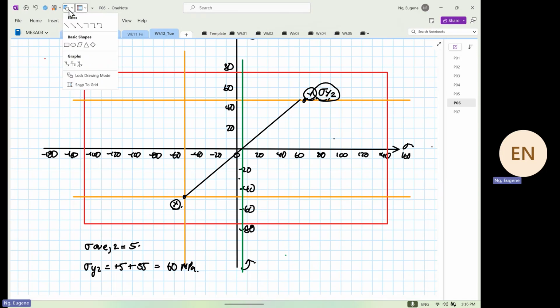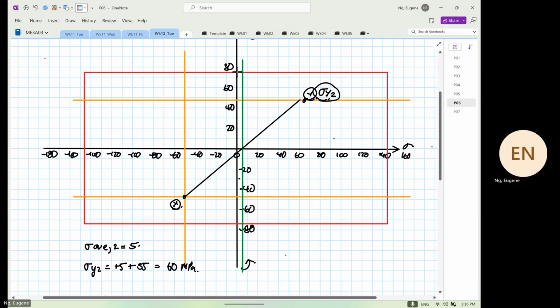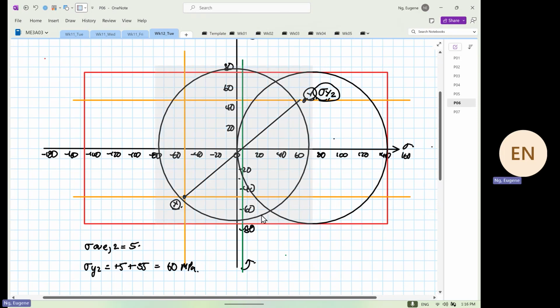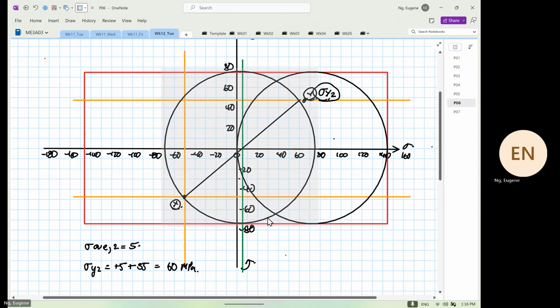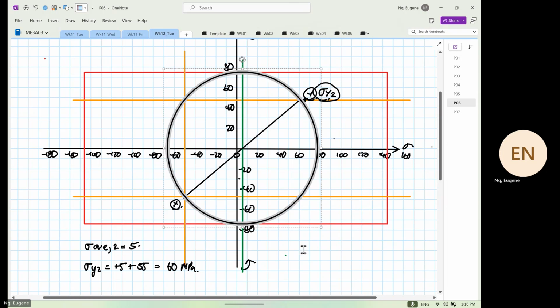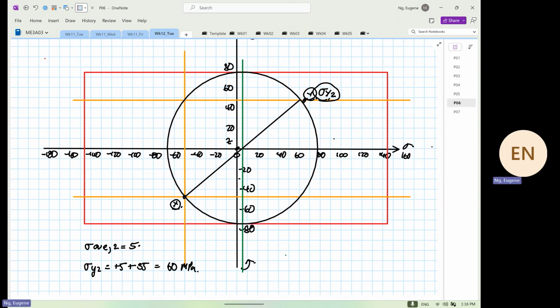Okay, so our first circle now. Okay, so this is our first circle. Then we know that point Z is over here. This belongs to our XZ plane.